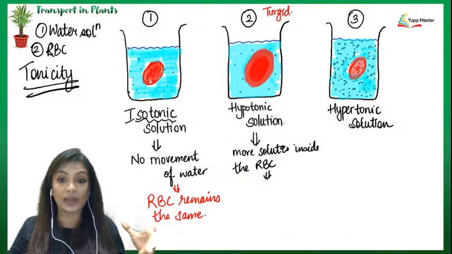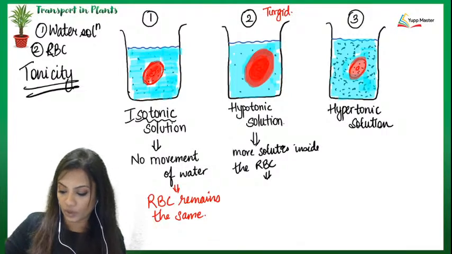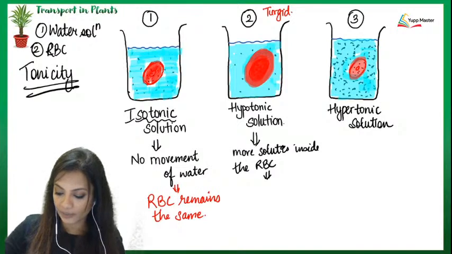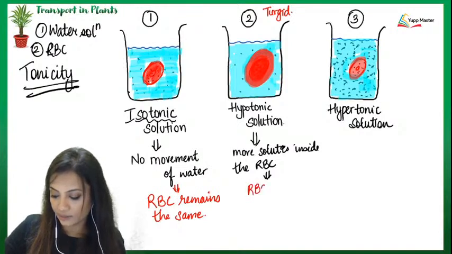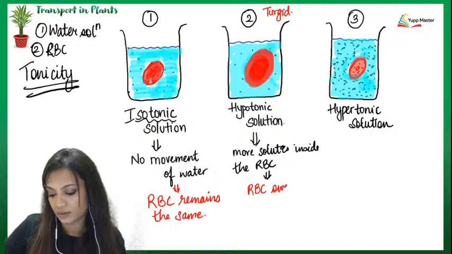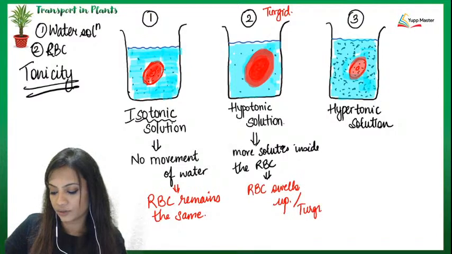It is going to swell up. So there are more solutes inside the RBC and the RBC swells up, or you can say that it becomes turgid.